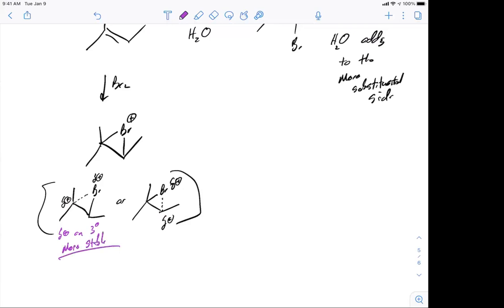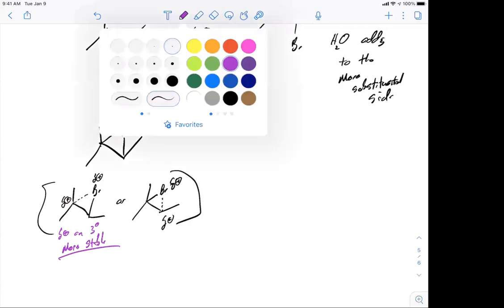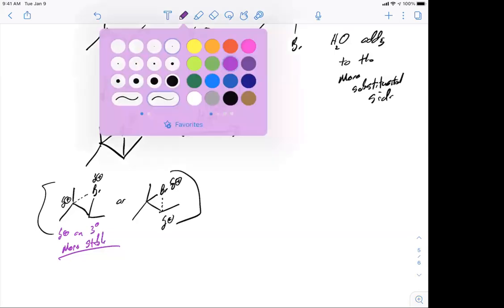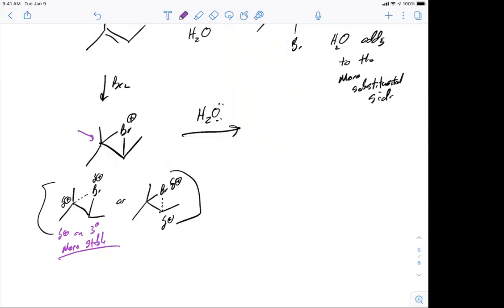So therefore, whenever that alcohol comes in and attacks this to ring open, what you can think about is that there's going to be more partial positive charge, that position is going to be more electrophilic, and so I'm going to have attack at the more substituted side.